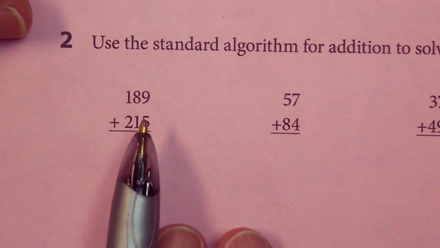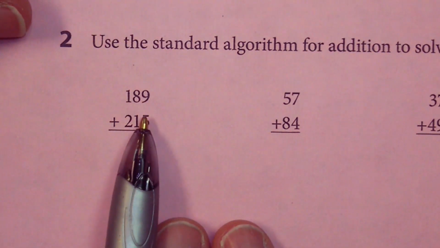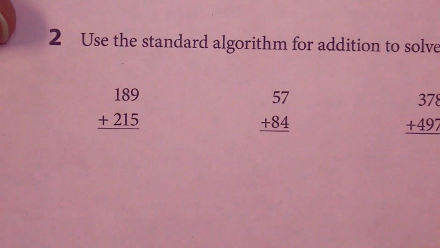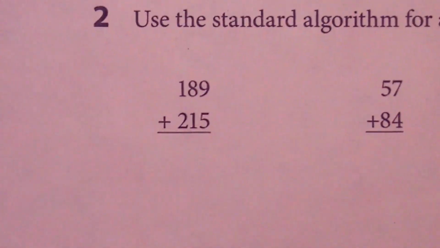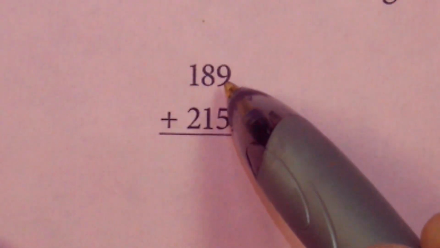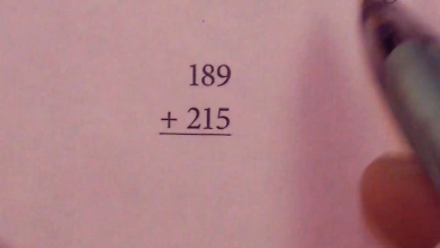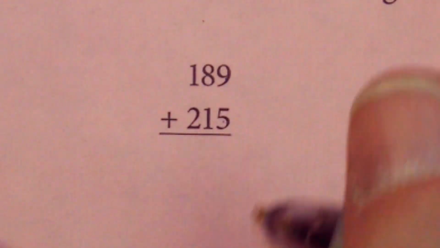Number 2 really wants you to use only the standard algorithm to solve these problems, and I'm only going to do one of them with you, okay? I'm going to zoom in even closer just so we know what we're working with. Standard algorithm, I'm going to start on the right side. 9 plus 5 is 14. What do I do with that number?